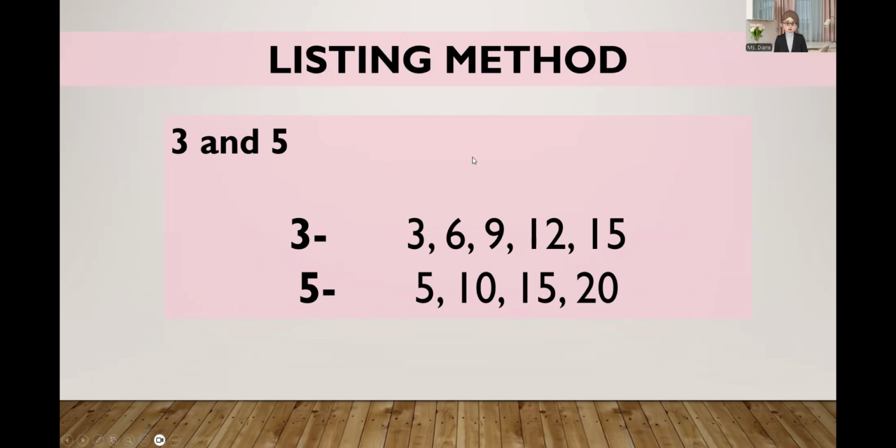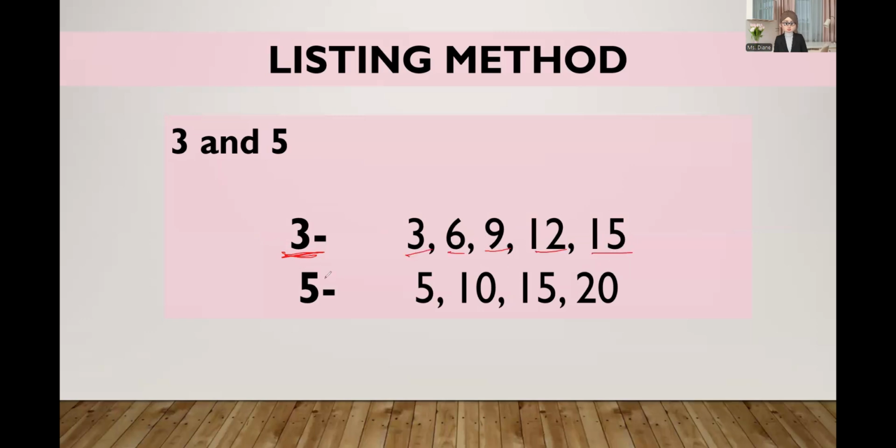In here, we are going to list all the multiples of these numbers by skip counting. The multiples of 3, just use skip counting by 3: 3, 6, 9, 12, and 15.